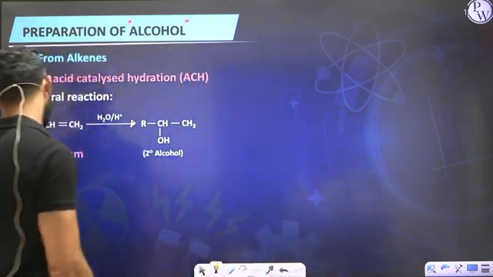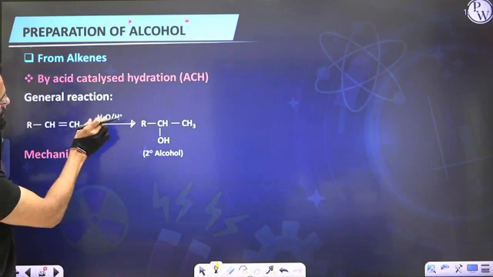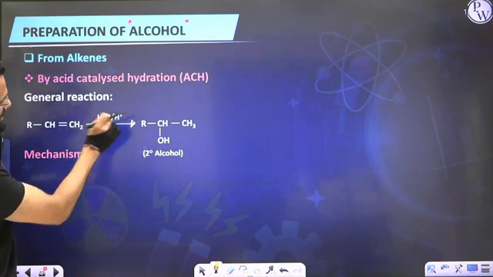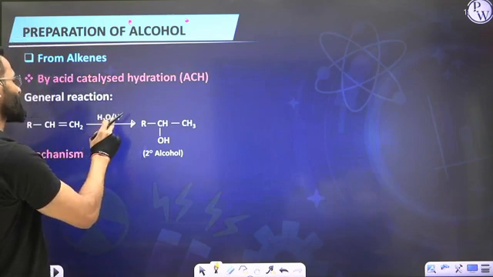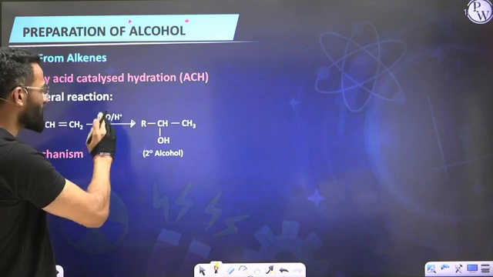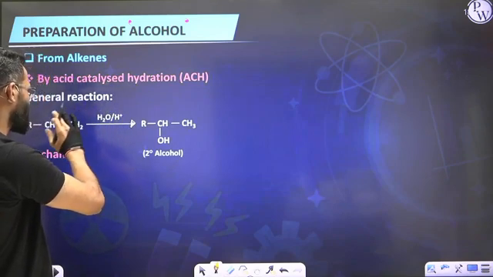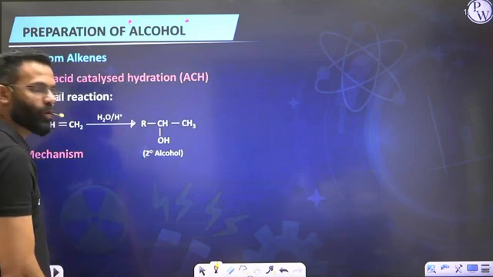As you can see, we have taken an alkene, and that alkene is allowed to react with water in presence of an acid. When you say water in presence of an acid, you can also consider this as a dilute acid. A dilute aqueous acid is allowed to react with an alkene, resulting in the formation of a secondary alcohol.